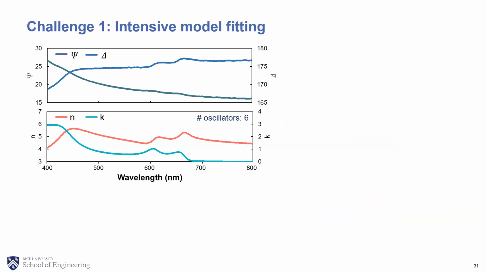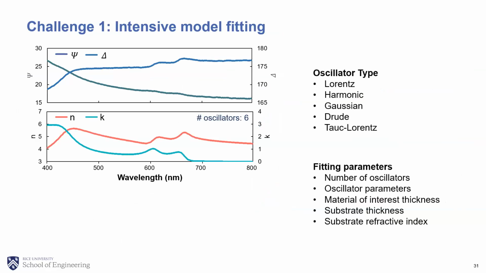This is the first major challenge for conventional ellipsometry, which is the intensive model fitting. To fit the psi and delta measured by ellipsometry, we need to use several oscillator types. This requires a basic understanding of the physical properties of the material, so you can choose the correct oscillator types.